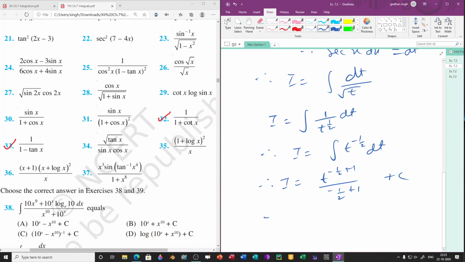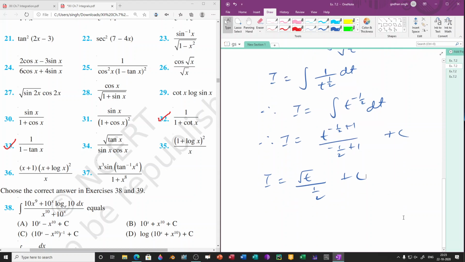So we get I equal to t raised to half, that is root t, over 1 by 2 plus c, and this gives us 2 root t plus c.